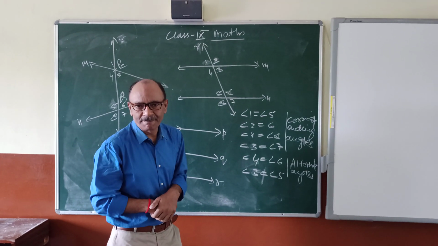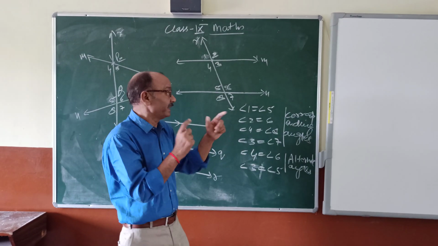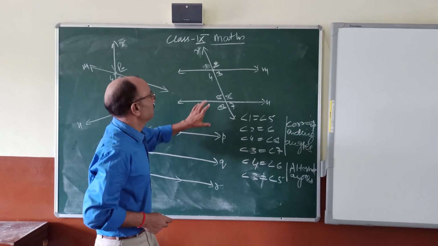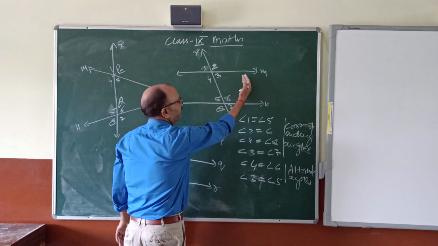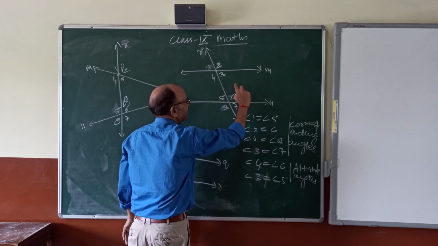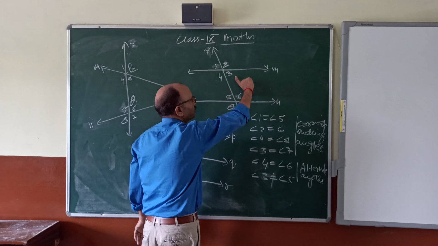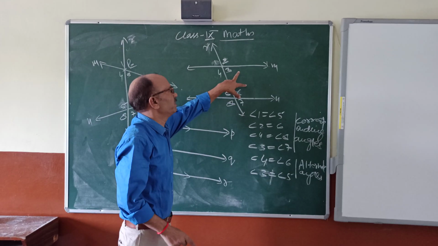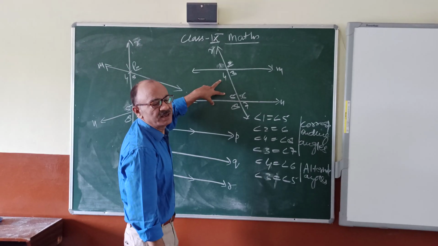Correct? Alternate angles will be equal if the lines are parallel, and the co-interior angles, the angles which are on the same side of the transversal inside the two parallel lines, have a sum of 180. So 3 plus 6 will be 180. These angles will be supplementary, and 4 and 5 will be supplementary.